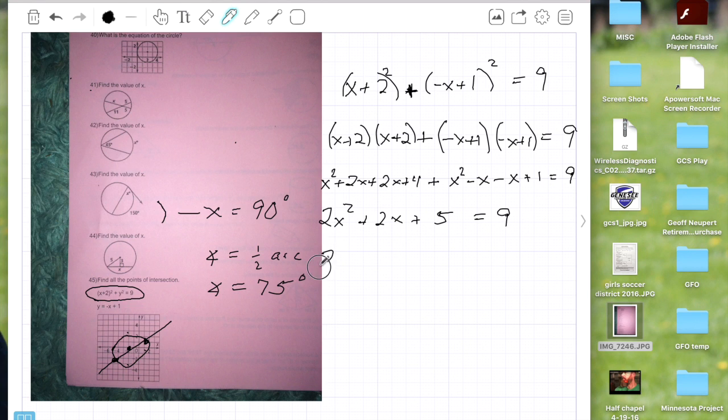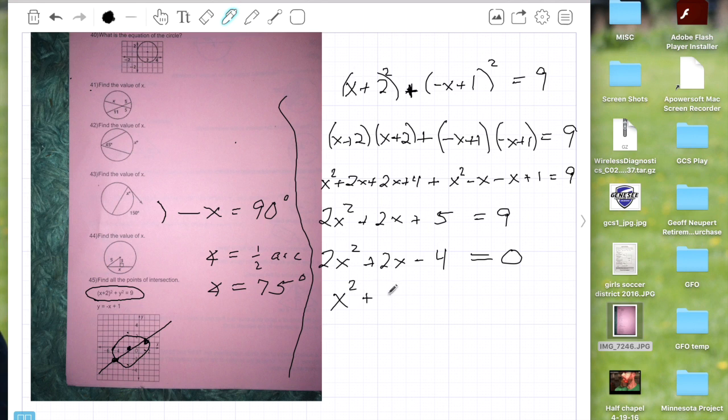We've got to get this set equal to 0, so you subtract 9 from both sides. Plus 2x minus 9 is a minus 4. Now I would divide everything by 2. You could go right to the quadratic formula or factoring. I think this will factor.